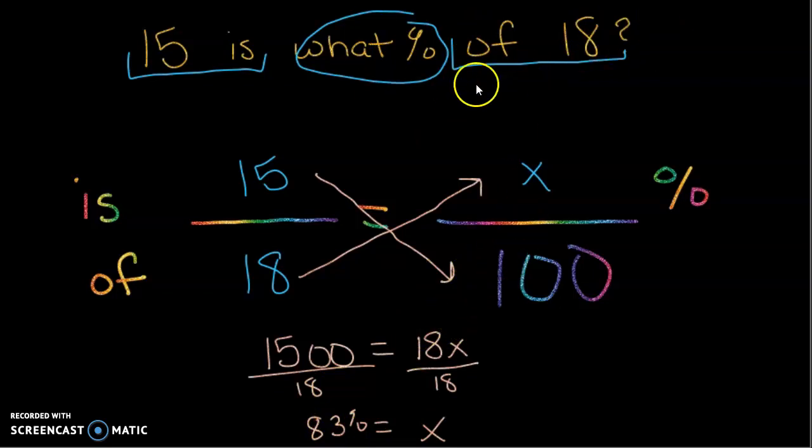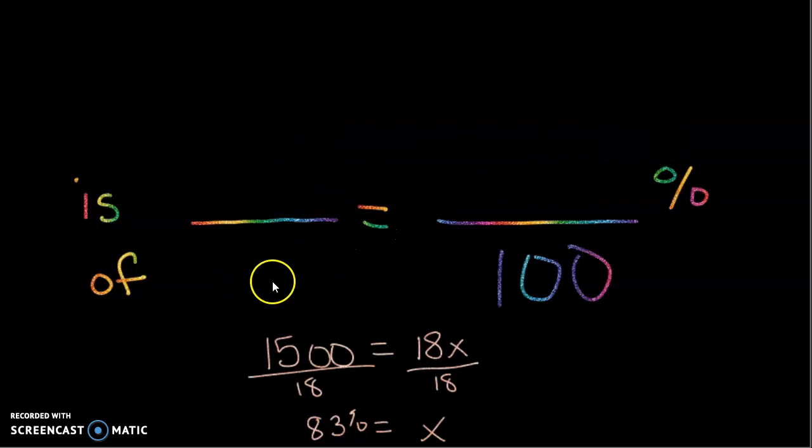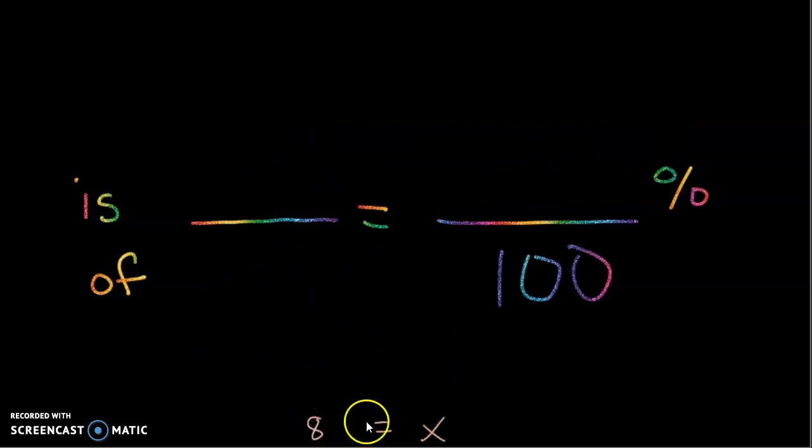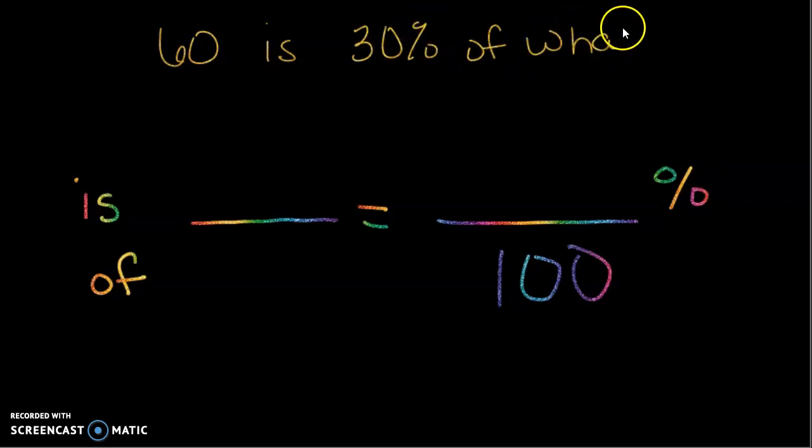All right, let's do one last example where we don't have our "of." Again, we're going to keep the same exact formula: is over of equals percent over 100. Just start with it off the bat. So let's do 60 is 30% of what number?